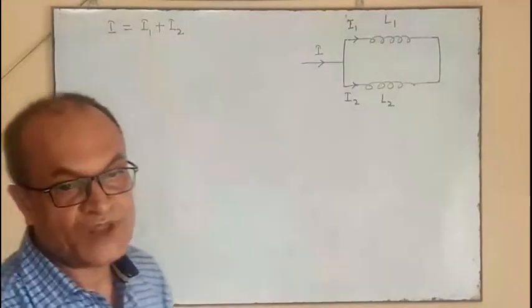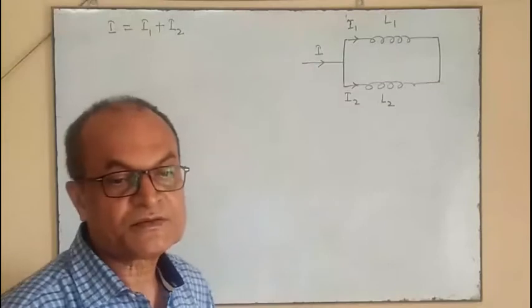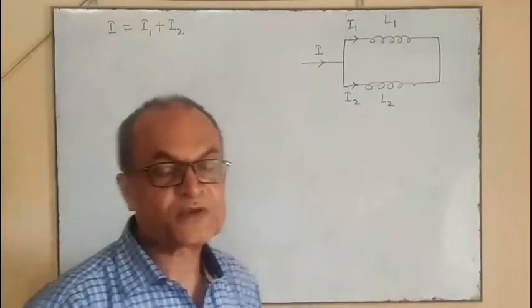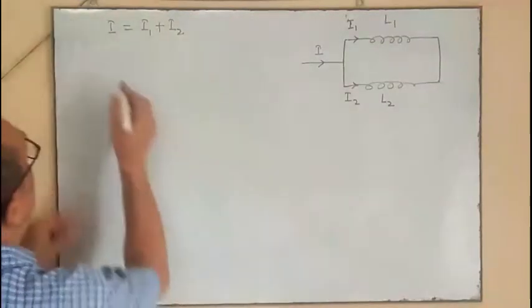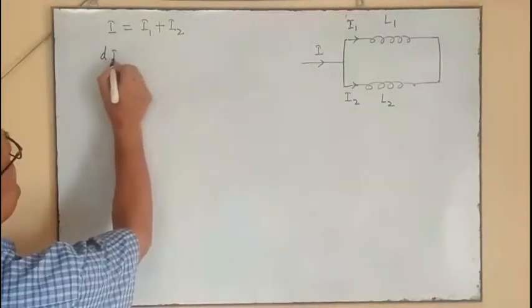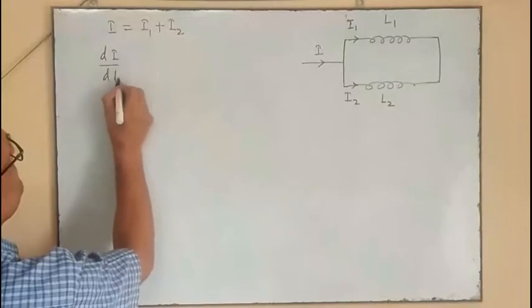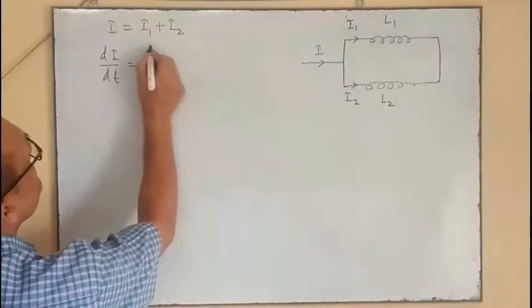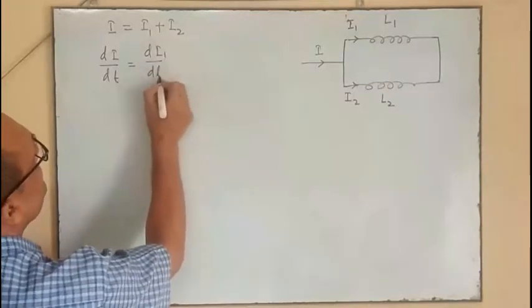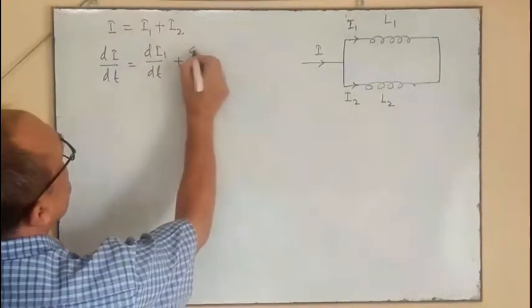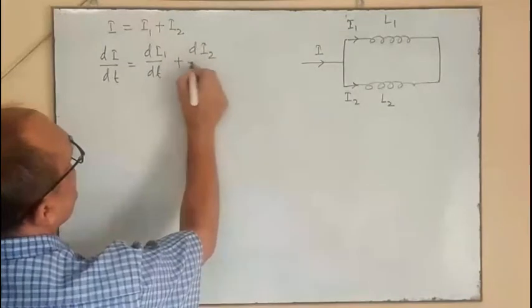Now we will differentiate this with respect to time t. So on this side di by dt equals di1 by dt plus di2 by dt.